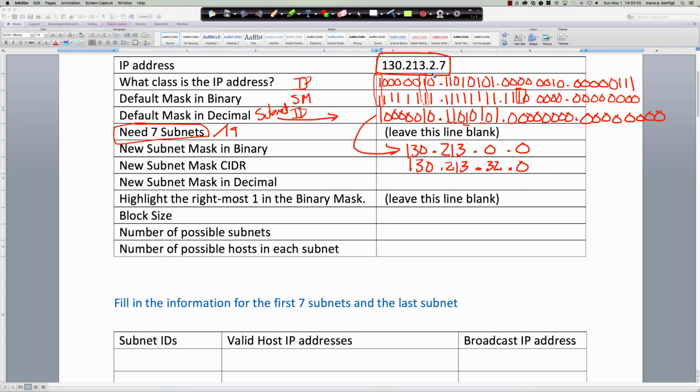So, does .2.7 fall between these two subnets, specifically in that subnet ID range? And it does. So it works not only for Class C addresses, but it's a very quick and easy method to sort this out when you're trying to use Class B addresses as well.